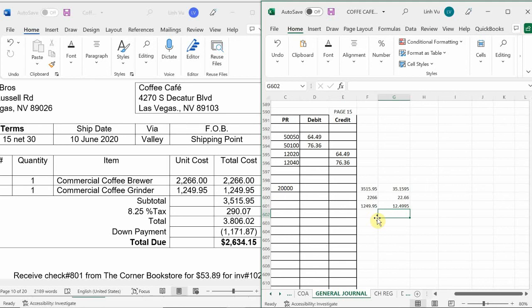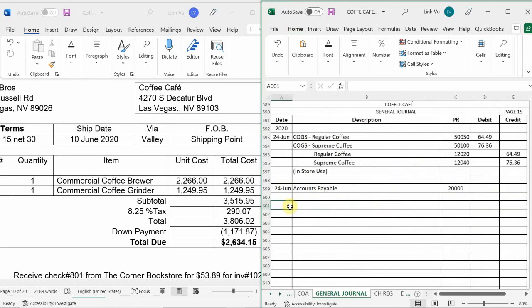So if I'm going to be discounting these items, personally from the brewer and the grinder, what accounts am I going to take this directly out from? Checking. Well, checking is what we're going to pay. But in this case, I discounted those items. In my ledger, I associated that each one was full price.